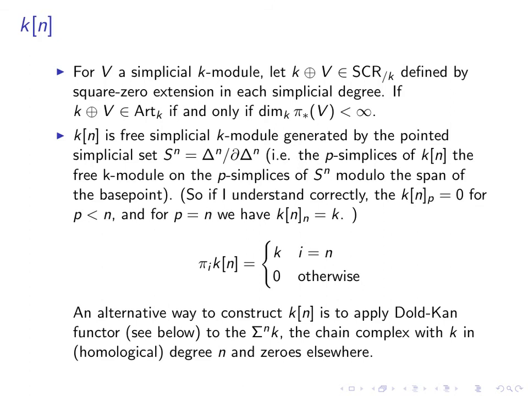Then let k bracket n be the free simplicial k-module generated by the pointed simplicial set Sn, which as a simplicial set is the n-simplex modulo the boundary. One fact about its homotopy groups is that they're in degree n only and 0 otherwise.